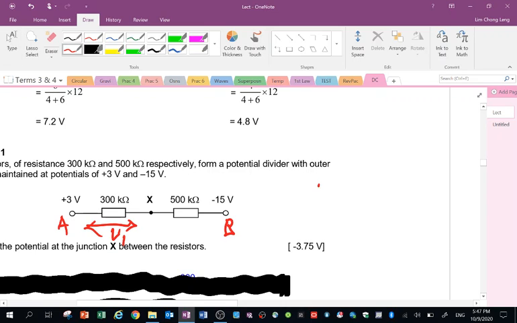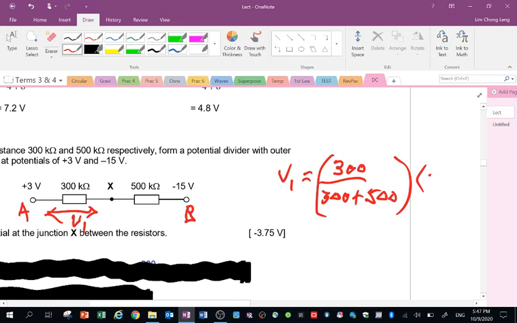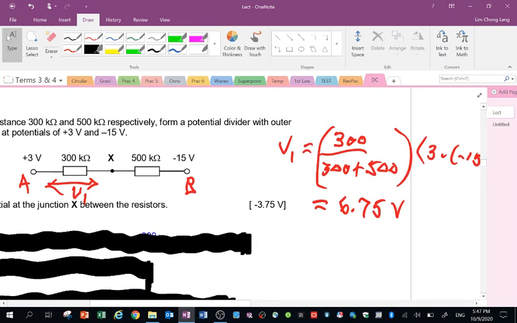I will use the potential divider formula: 300 divided by 300 plus 500. This is the fraction of the PD. The PD between A and B is 18, which is 3 minus 15. If I calculate this, I get 6.75 volt. So V1 is 6.75 volt.